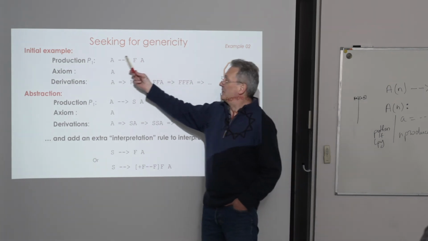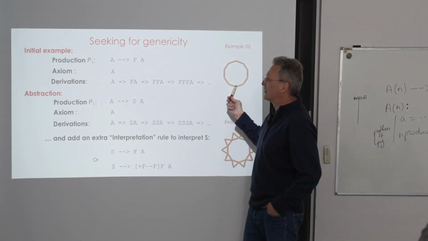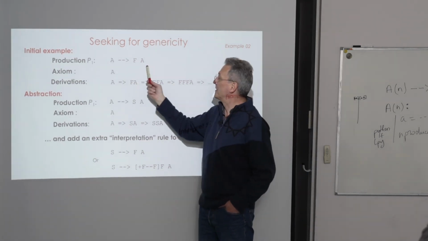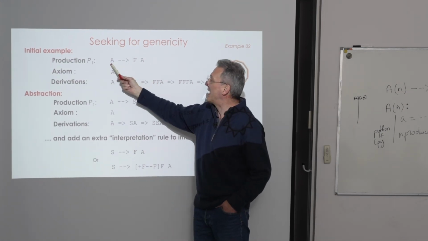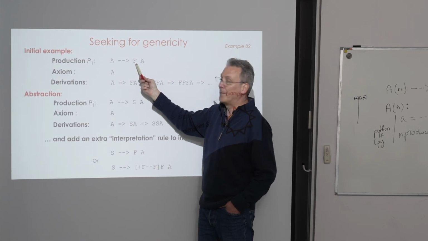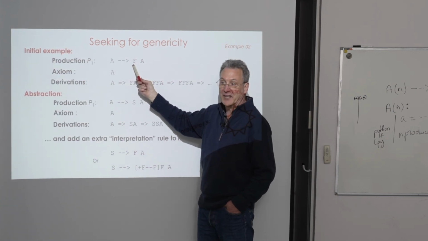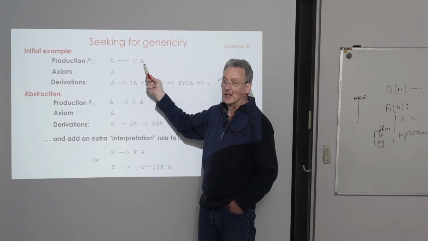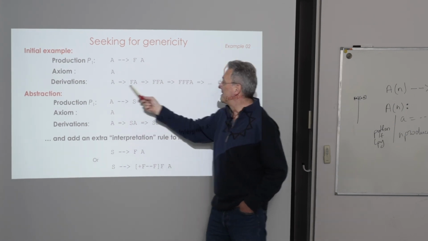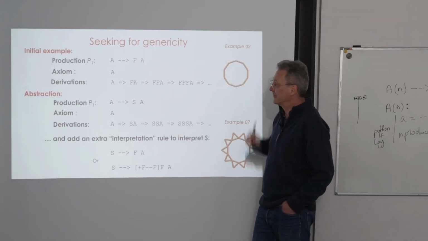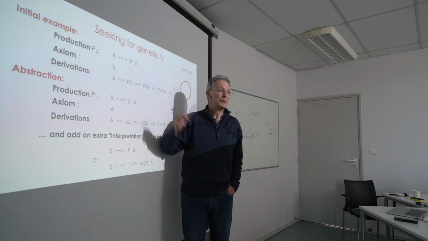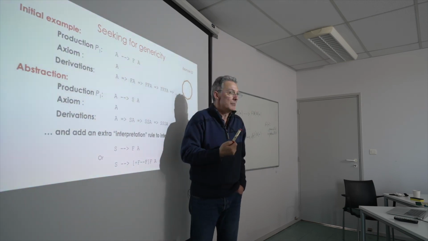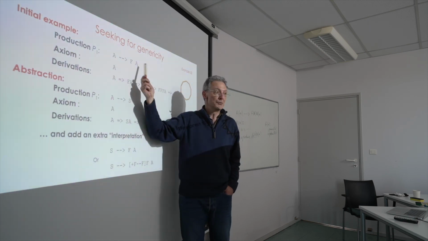For this, I took the example of a circle. I have a production that mixes both things. The model says that an apex, let's say, produces an instruction to make a step forward, and then an apex. And then this produces this, and this produces the circle. One way to get rid of this confusion between the geometry and what I want to say in the model is to abstract from the geometry.